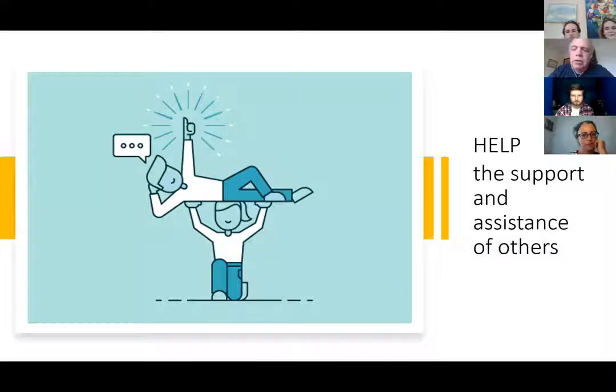The second dimension then, help. We've touched on this already in the fundamental underpinning arguments. So one key to citizenship is having the support and assistance of others.